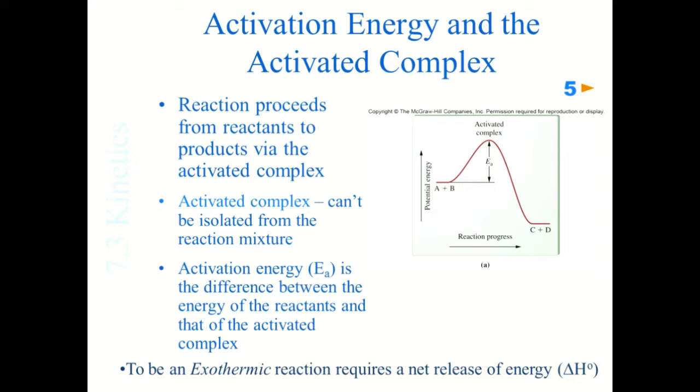Once they break, they will reform into something new, and they will release energy. So in this example, did I absorb more energy or did I release more energy? So what type of reaction is this? Exothermic. This is an exothermic reaction.